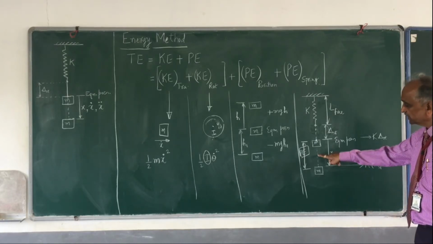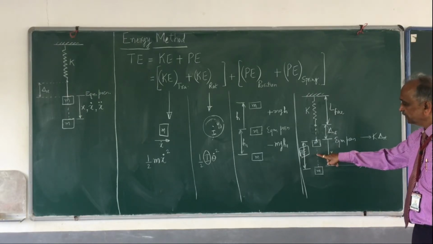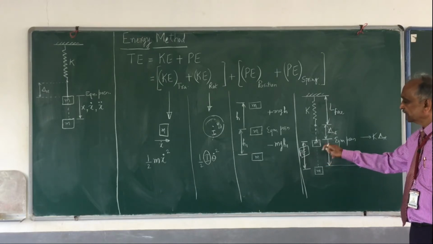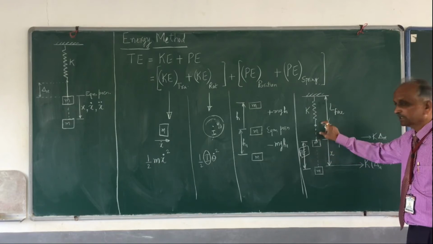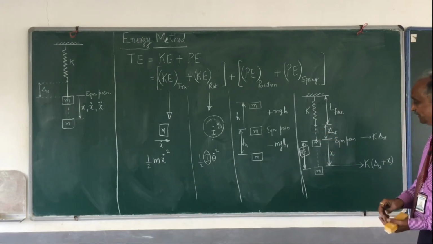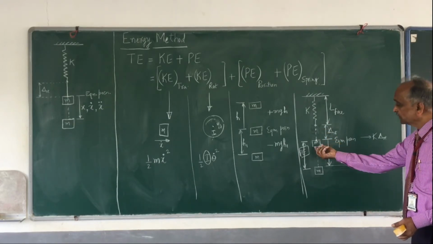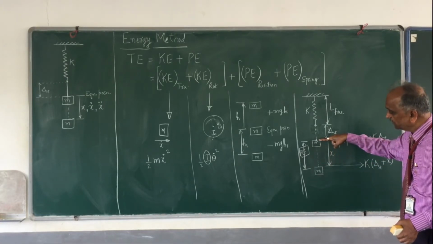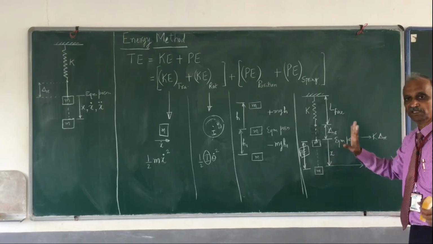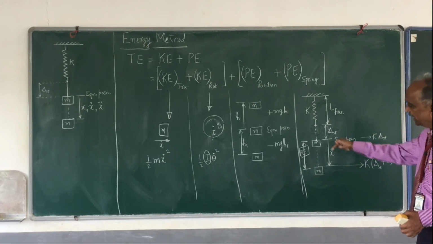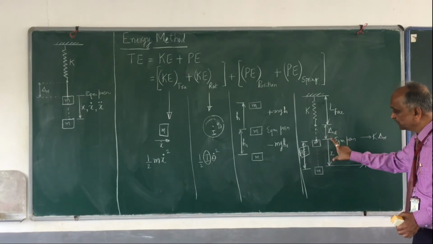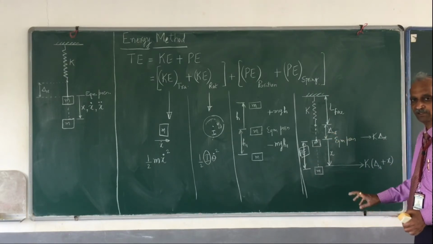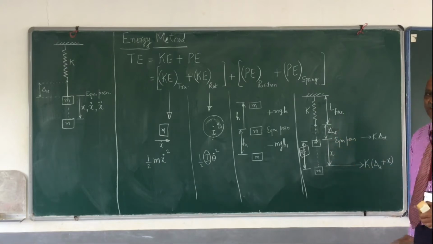If the mass is somewhere in between, then the spring force is different: K multiplied by whatever this distance is, plus delta St. What I mean is, the force on the spring is continuously changing from here up to here, and during this time there is displacement. The displacement is x, but the force is continuously changing.